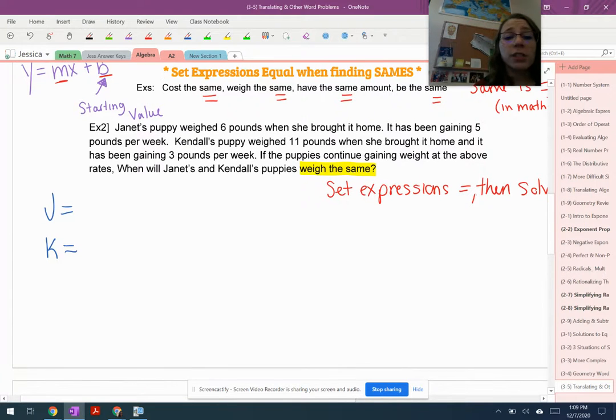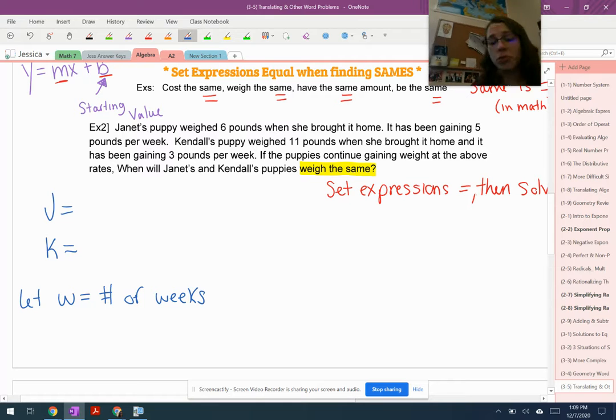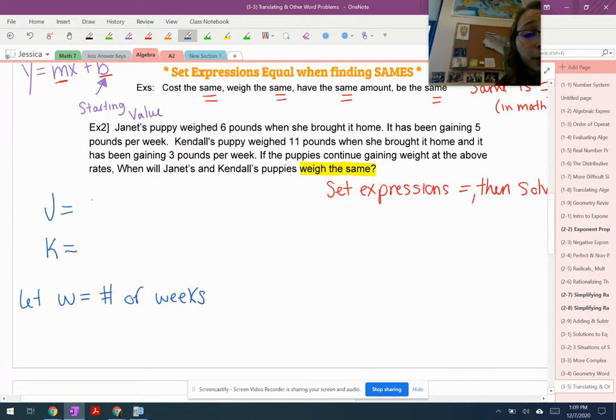So the question says, Janet's puppy weighs 6 pounds when she brought it home, and it gains 5 pounds per week. So we're going to let W equal the number of weeks, because that's what we're determining. So 5 pounds per week means that the 5 is the piece that's getting that variable.